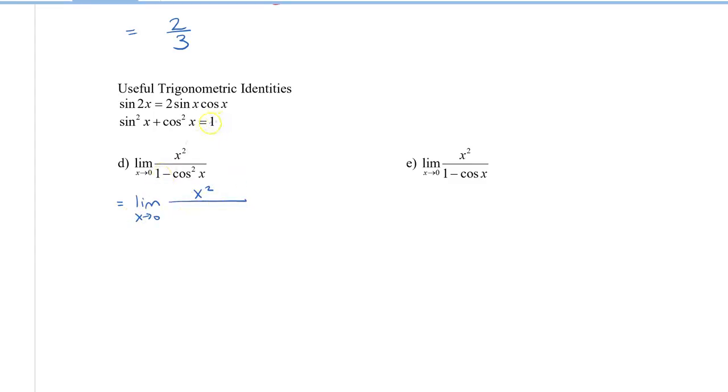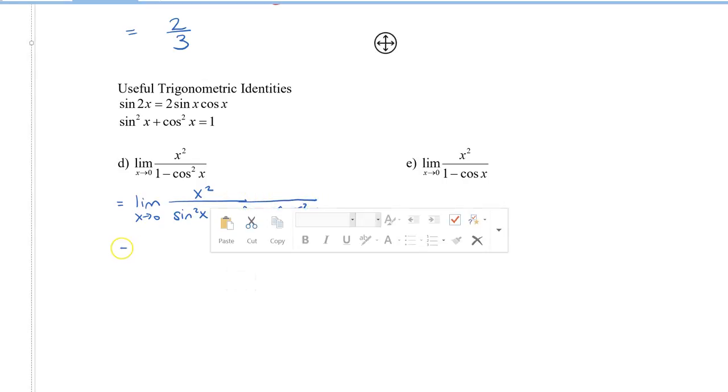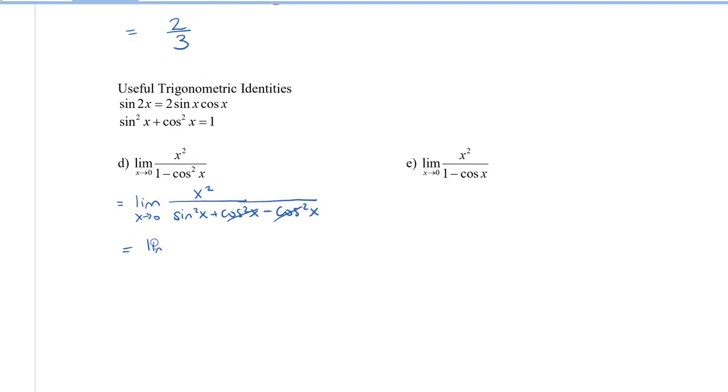So if I replace the 1 in the denominator here with sine squared x plus cos squared x, I can see that my cos squared x's cancel off. So I just have the limit of x squared over sine squared x as x approaches 0.